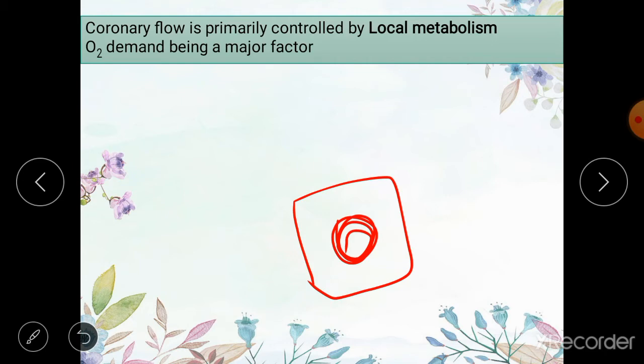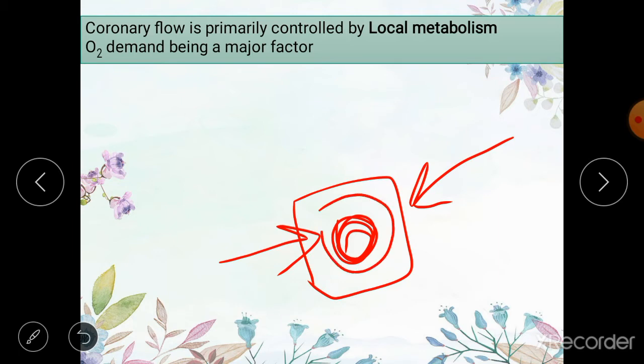So now the demand for oxygen by the tissues of your heart is also increased because they are working really hard. So what happens is the oxygen within the cardiac muscle decreases and its oxygen demand increases, and this causes vasodilation of the coronary arteries, and the blood flow increases.